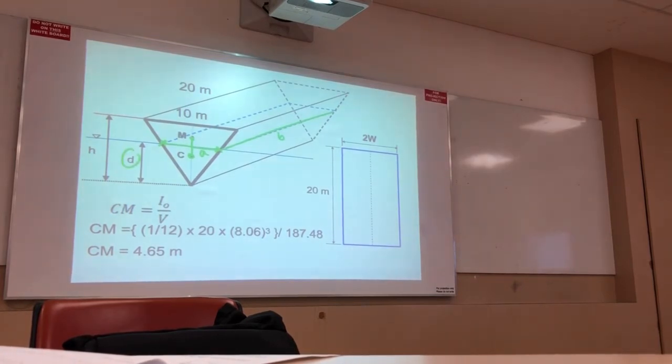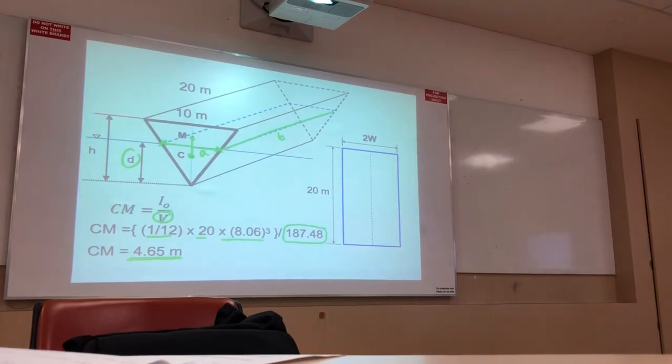And I can find CM as I naught by the volume of displaced water. I naught is 1 over 12 B A cubed, I told you before, and this indicates the displaced water volume, and CM I can get 4.6.